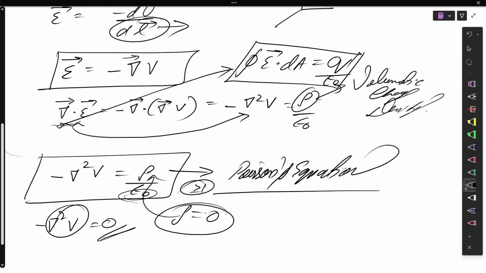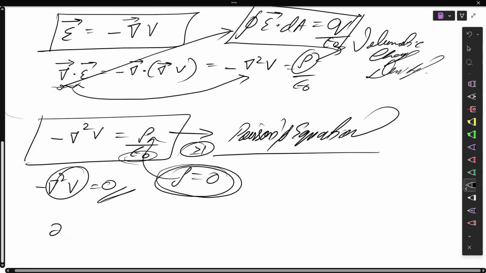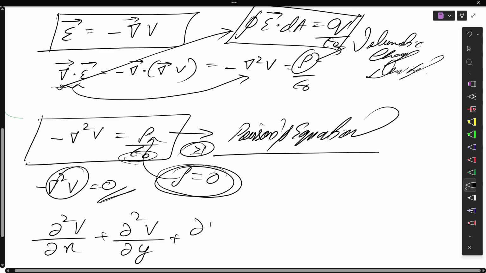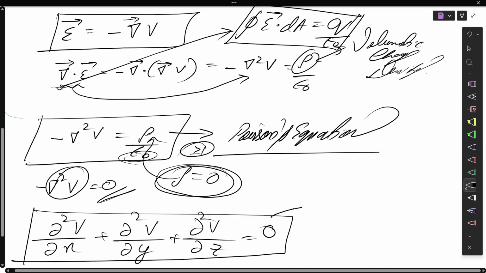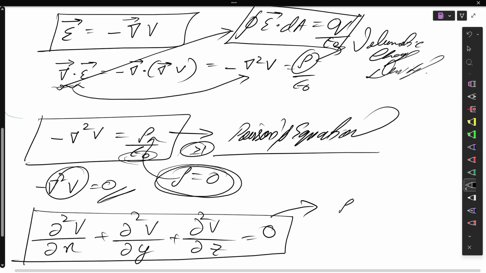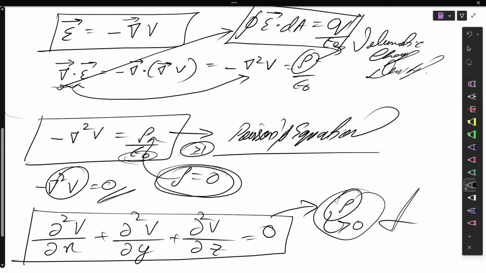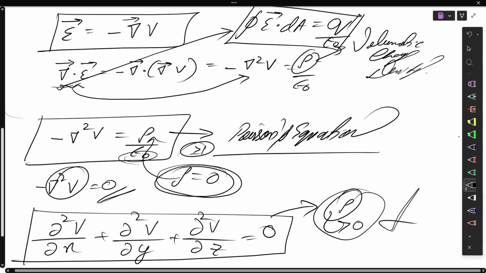So Poisson's equation leads to a case where, in all three dimensions, taking the double partial derivatives, the sum is zero. This represents that the volumetric charge density must be zero if the double nabla of V is equal to zero. This was the point from where the Laplace equation was concluded.